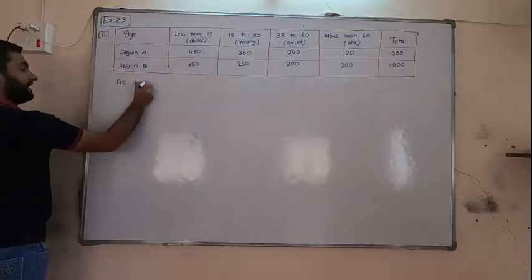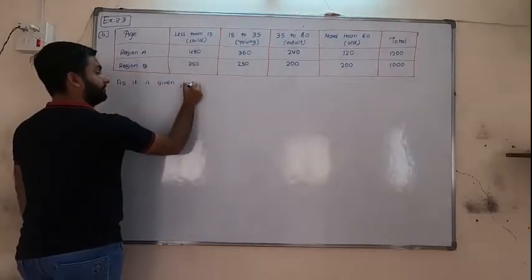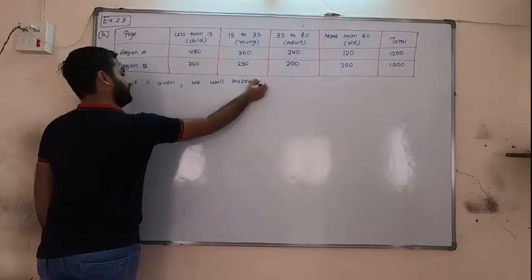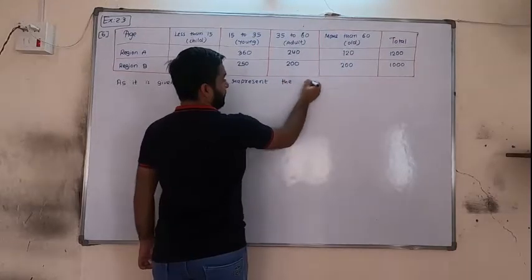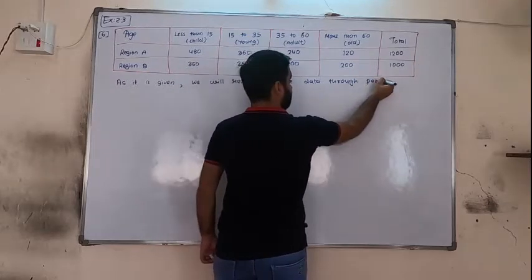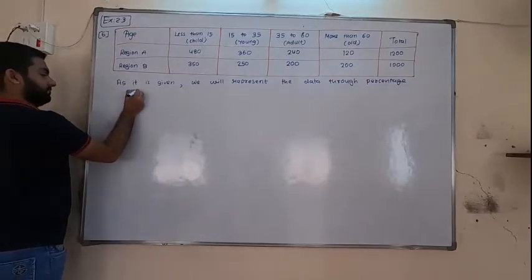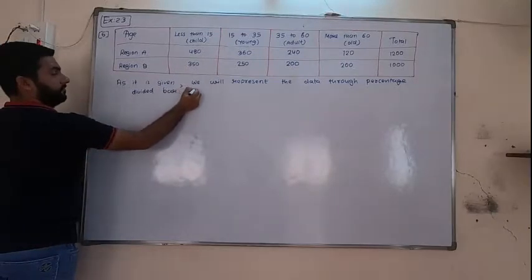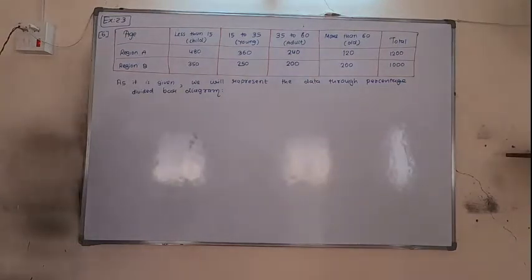Now we will write as it is given, comma, will represent the data through percentage divided bar diagram graph.